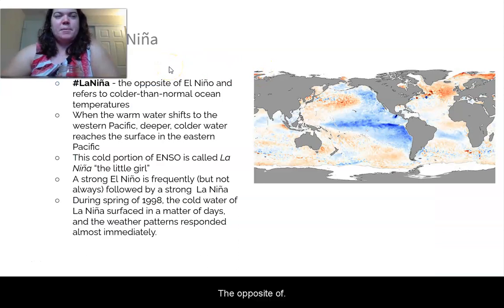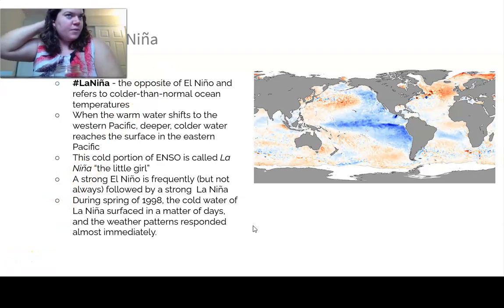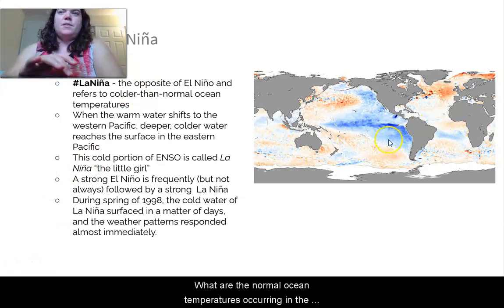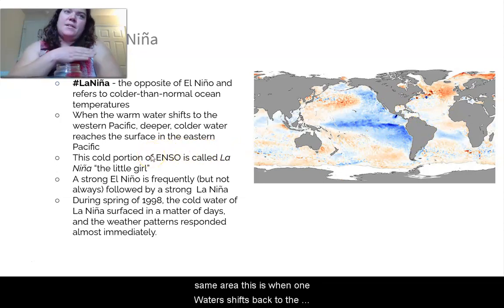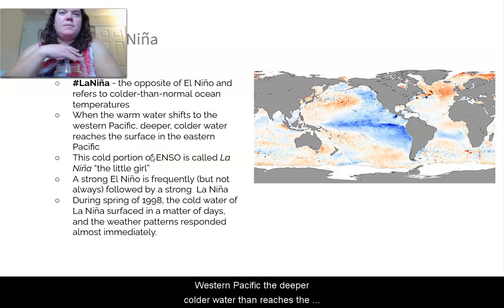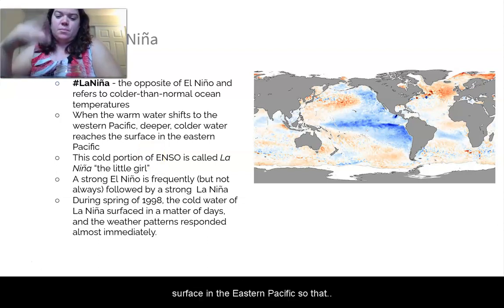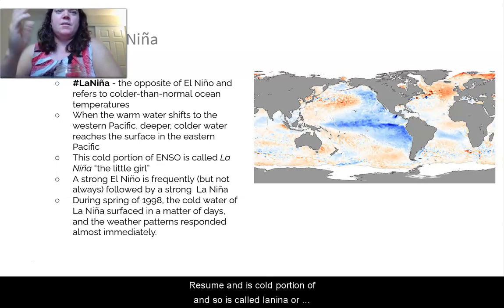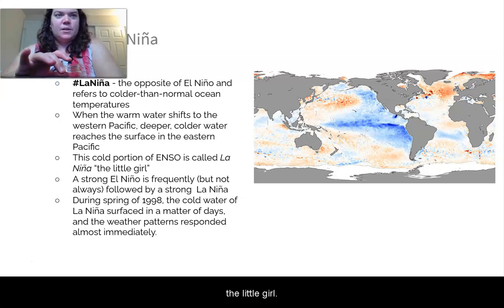So the opposite of El Nino is called La Niña. This is the colder than normal ocean temperatures occurring in the same area. So this is when warm water shifts back to the Western Pacific. The deeper, colder water then reaches the surface in the Eastern Pacific, so the Peru Current resumes, and this cold portion of ENSO is called La Niña, or the little girl.